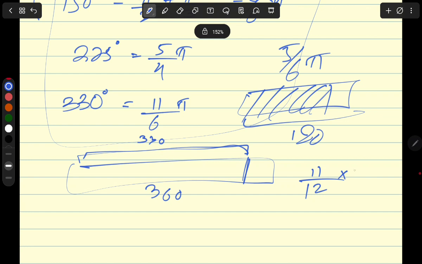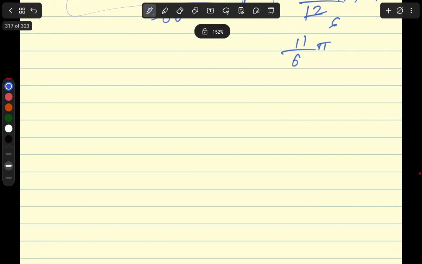So 11 upon 12 of 360, or 11 upon 12 of 2 pi, because we are doing radians. So now this cancels this, so you're left with 11 upon 6 pi. So we are doing proportions here, right? We're not memorizing conversion. Now think in fractions of a circle all the time, right? So 150 degrees. Okay, let me just try to make a nice circle here.